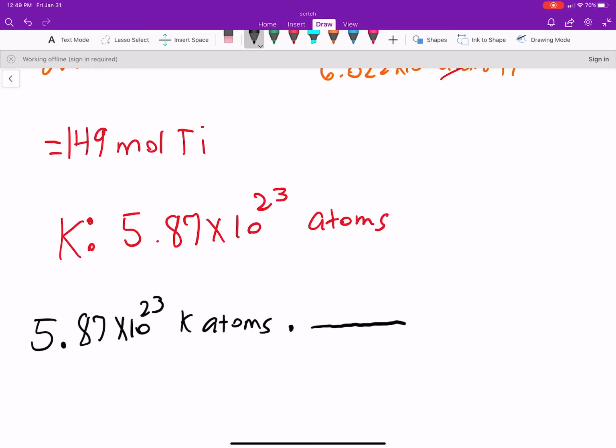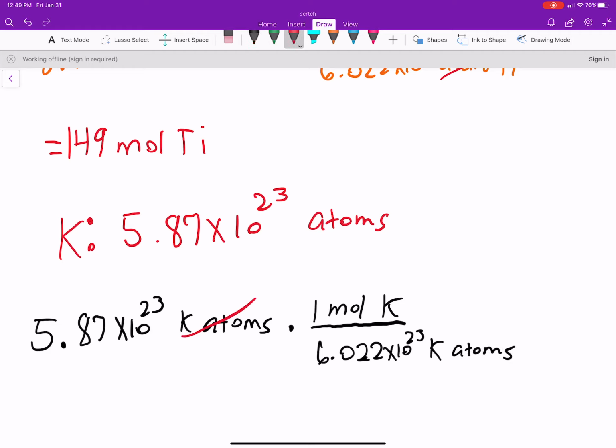Okay, so converting this, we have 1 mole of potassium is equal to 6.022 times 10 to the 23rd potassium atoms.